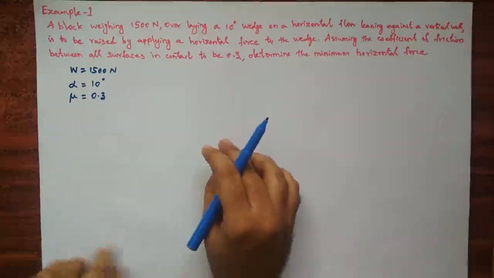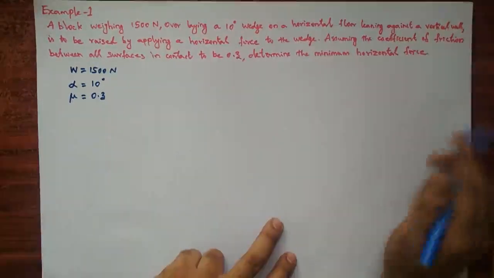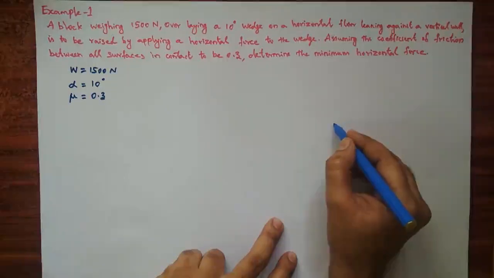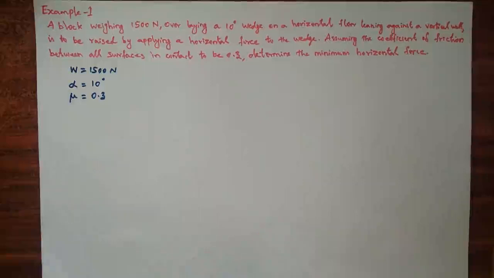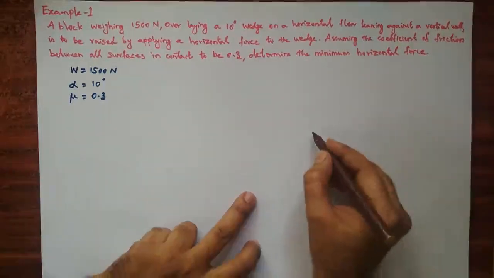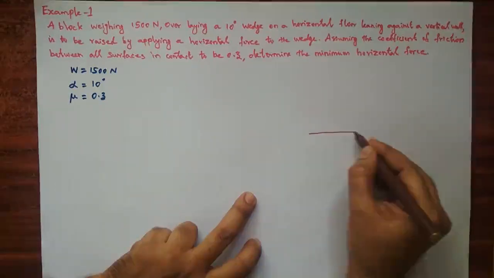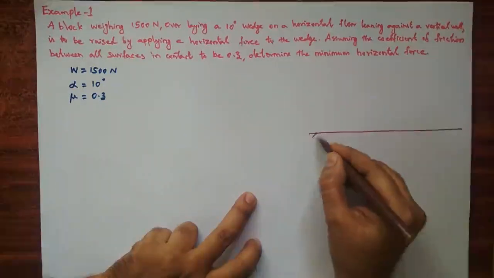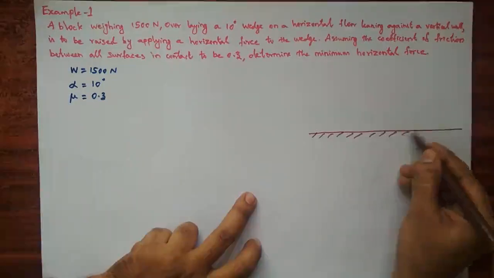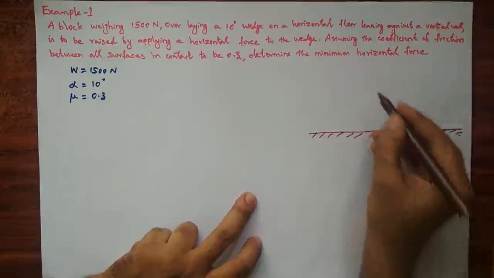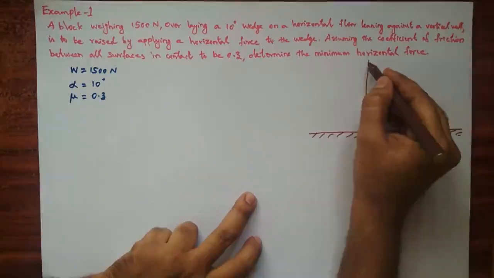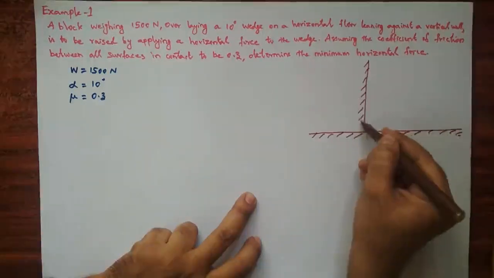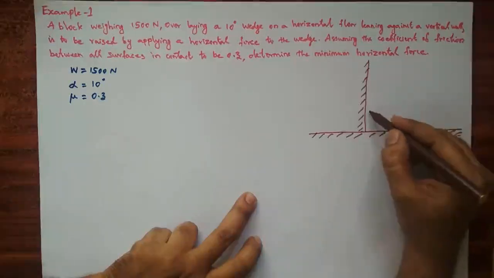Now let me draw the diagram for this problem. There is a horizontal surface and this is a vertical surface. So this is the wedge.